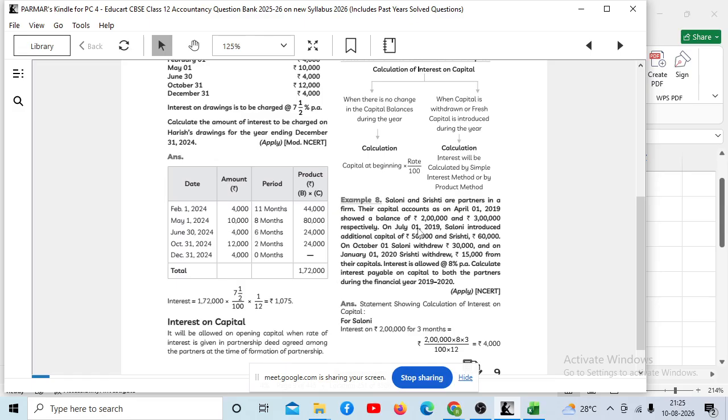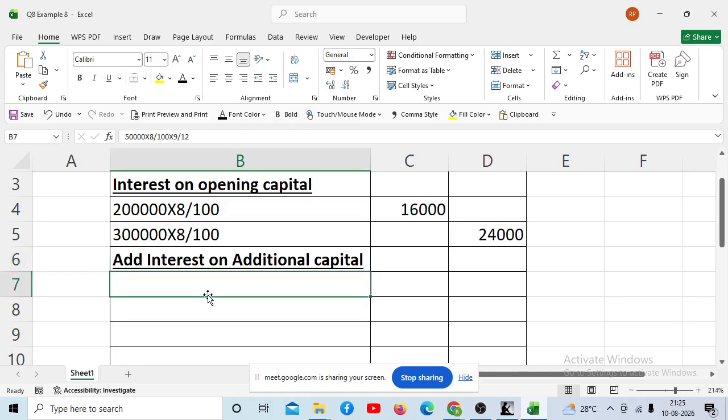So it will be July, August, September, October, November, December, January, February, March. 9 months, right? So on 50,000 we will calculate 8% interest for 9 months. Just write here 50,000 into 8 upon 100 into 9 upon 12, and tell me how much it is coming.